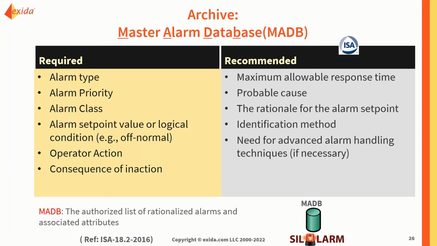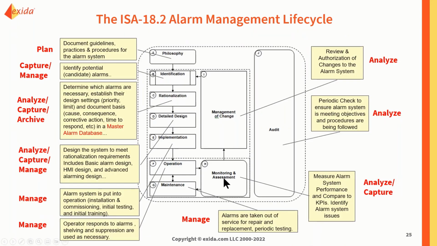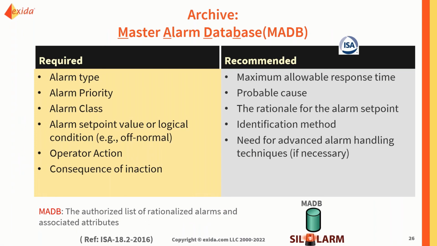That is usually when you do the monitoring assessment, and maybe you also need management of change, to decide whether you want to bring those changes into the MADB, or maybe you don't want those changes at all. And then you need to override the changes, basically reverting back to the same state as the MADB when you upload that back to the control system.